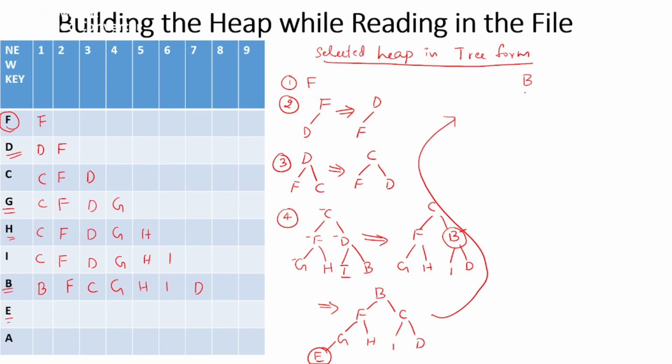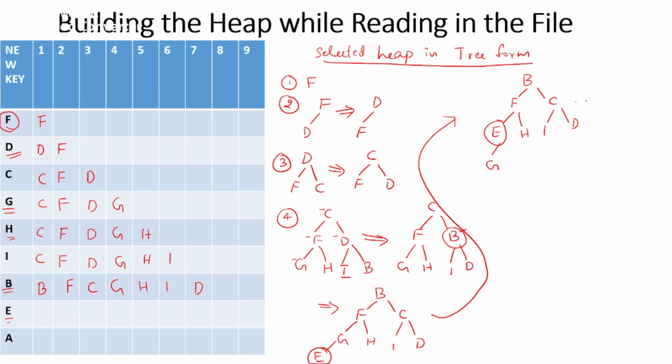So how can I write the tree now? B, F, C, then instead of G I will write E, then here you have H, then here you have I and here you have D, here it is G, swapped. Once again compare E and F. E is less than F, so we need to swap it again.